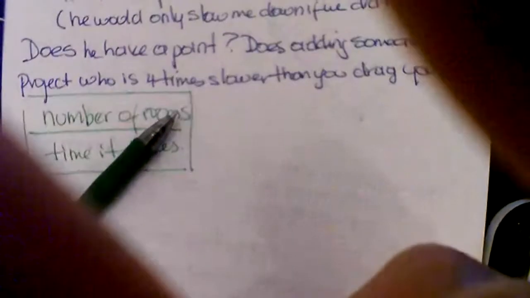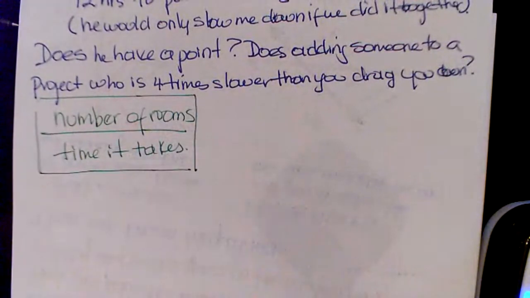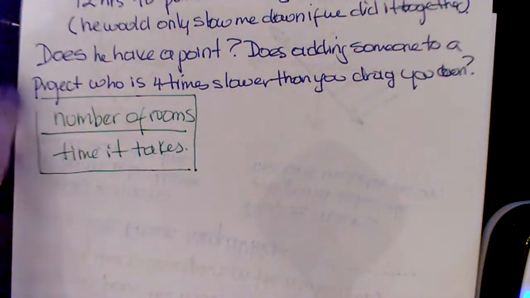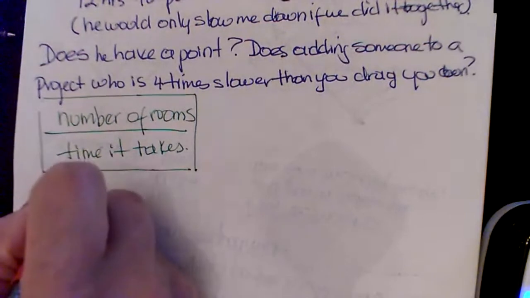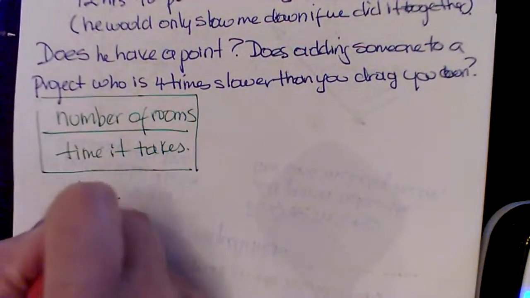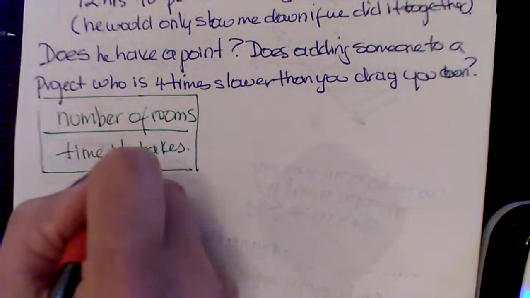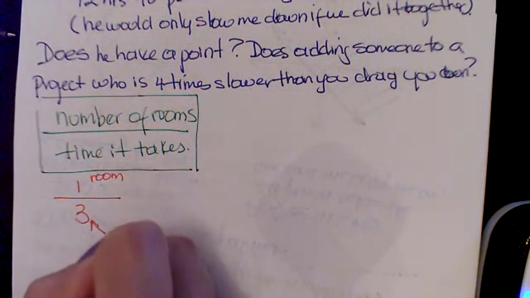Number of rooms divided by the time it takes to do it together. So let's see. If I do one room, it takes me 3 hours. This is one room, and this is my time.